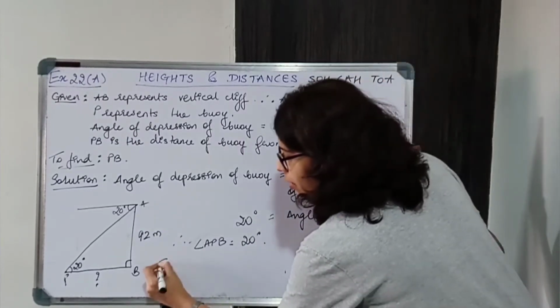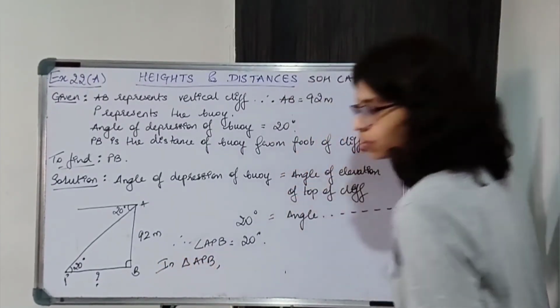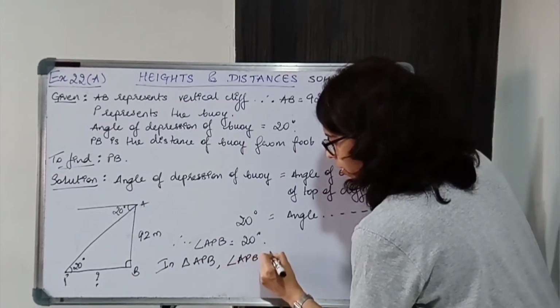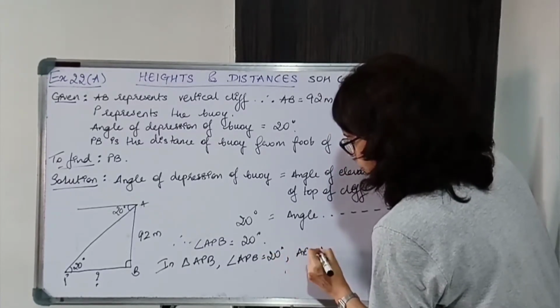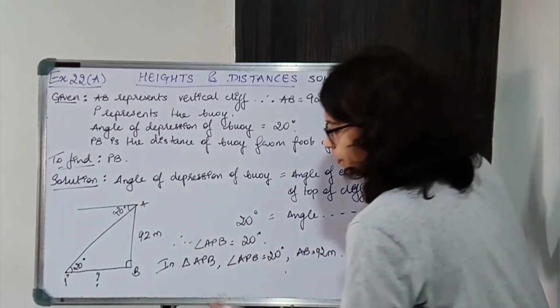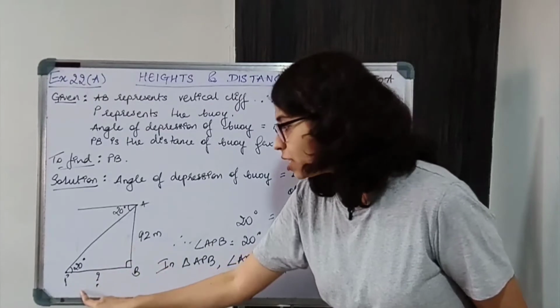Now we'll consider this right angle triangle trigonometric ratio to find PB distance. So in triangle APB, angle APB is 20 degrees, AB is equal to 92 meters, PB फाइंड करना है. So एंगल का ऑपोजिट दिया हुआ है, adjacent फाइंड करना है.